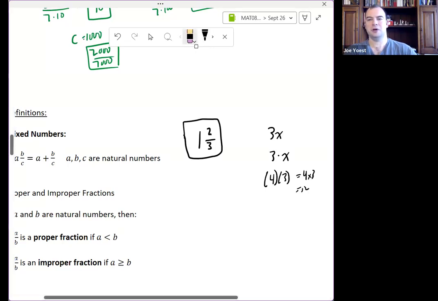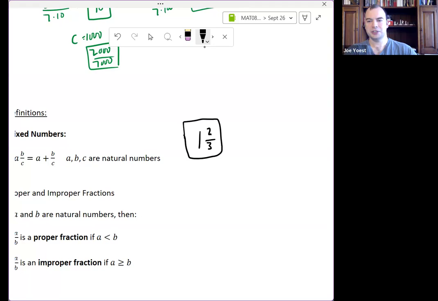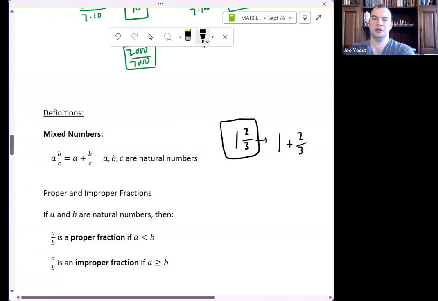Almost always when we omit the operation, it implies multiplication. Unfortunately, with mixed numbers, when we omit the operation, it implies addition. So if I say I want 1 2/3 cups of flour, I don't mean one amount of 2/3 cups of flour. I don't mean to multiply them. I mean, get a cup of flour, put that in, and then get another 2/3 of a cup of flour and put that in.